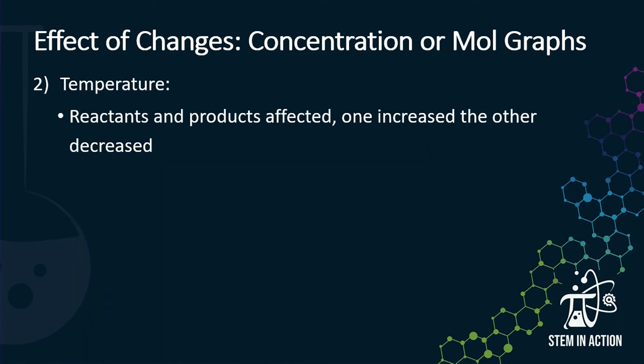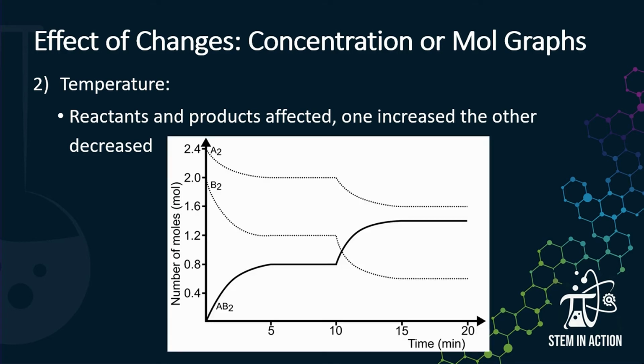The next change is the change in temperature. So when we change the temperature, our reactants and products are affected. One will be increased and one will be decreased. So we have a look at the graph there. We can see that between time 5 seconds and 10 seconds, our concentrations are constant, which tells us that there was equilibrium.